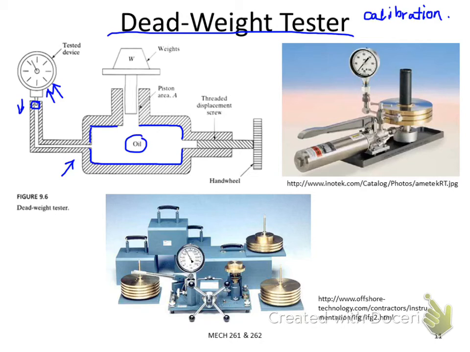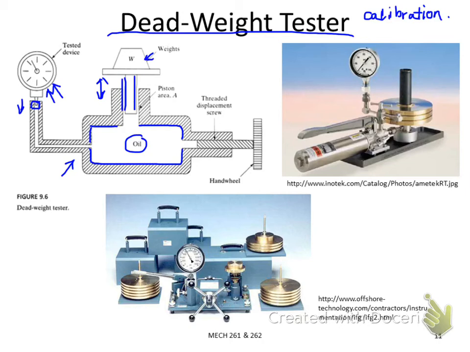So you can see you have an airtight sealed cylinder here, and it can move up and down. So this is the piston. The piston can move up and down, and on the top of the piston you can add a weight with a known mass or weight.